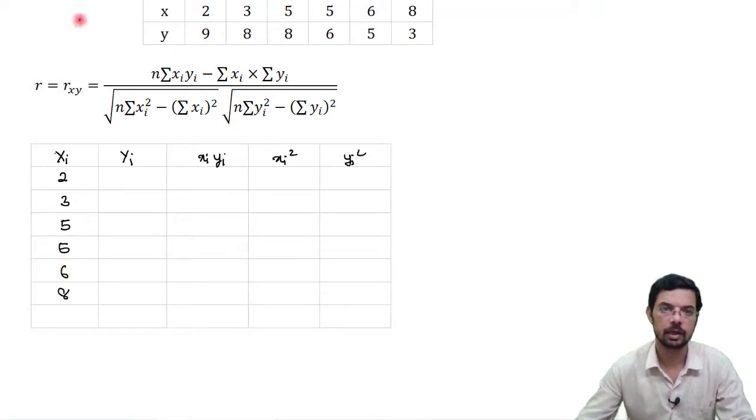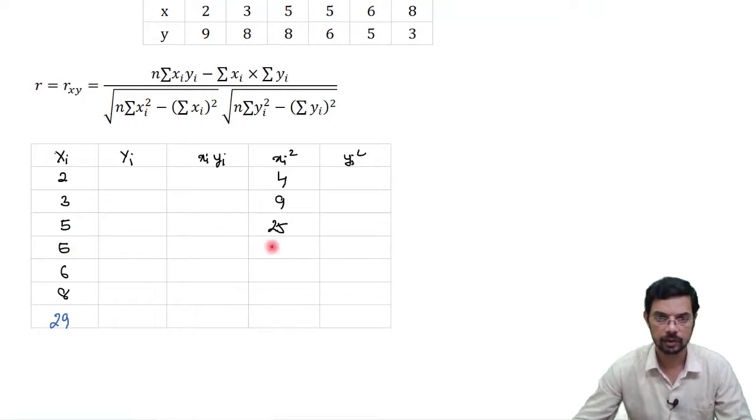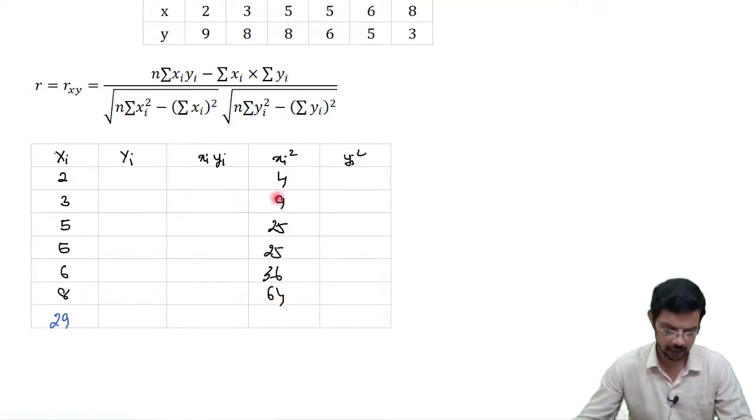Now we need to find xi square. 2 2s are 4, 3 3s are 9, 5 5s are 25, again 5 5s are 25, 6 6s are 36, and 8 8s are 64. When we add all of them, we get 163.